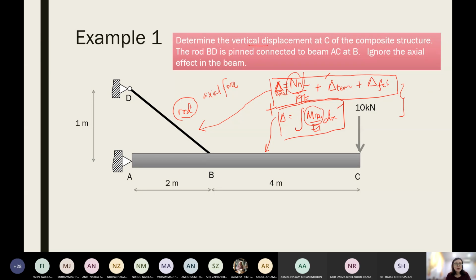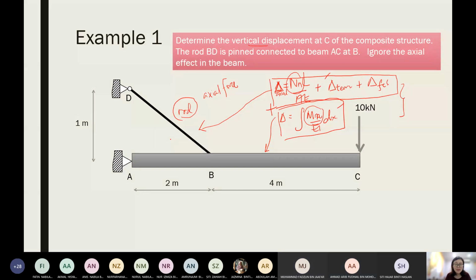Do you have any bending moment in the rod? What is the internal force in the rod? Tension force? There will be axial force.